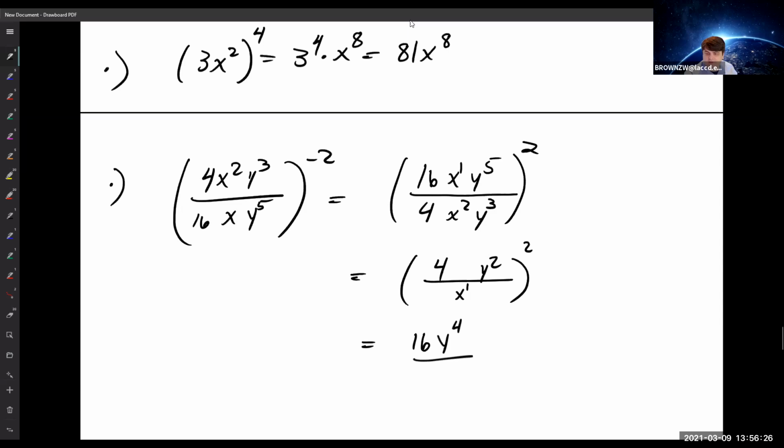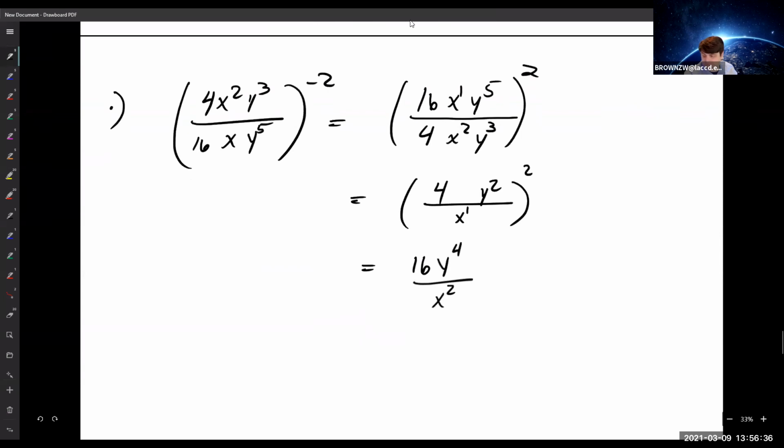And then x to the 1st raised to a power of 2, 1 times 2 would leave me with x squared. So there is my fully simplified expression. Questions on this example, anybody?